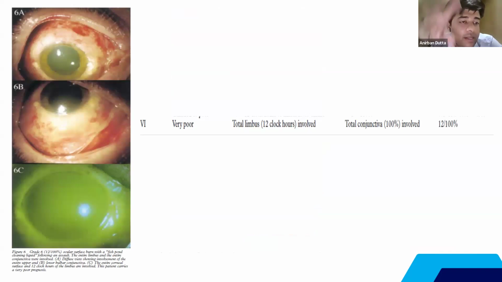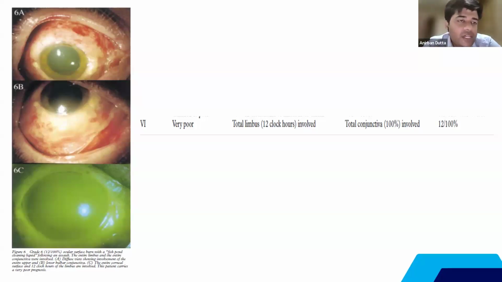However, there is something here which we know as grade 6 Dua's. For grade 6 Dua's, we need to understand that the prognosis is actually very poor. This is something which really correlates with grade 4 in Roper Hall, so to say. The total limbus is involved, as you can see with the staining, and the total conjunctiva is involved.